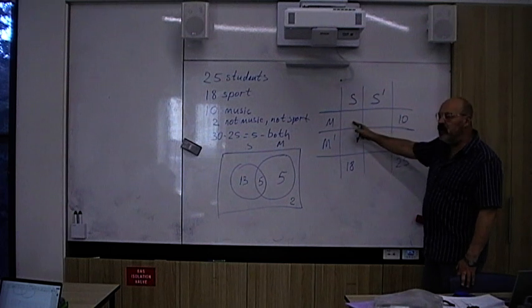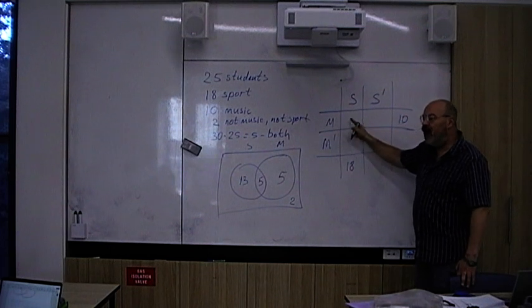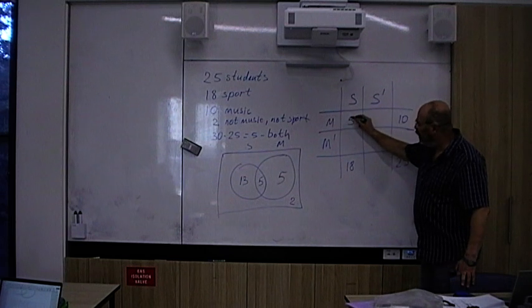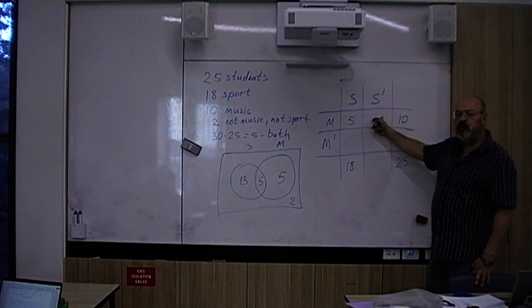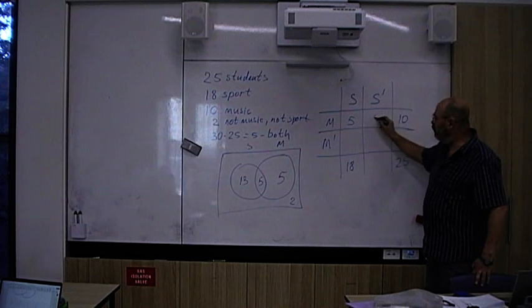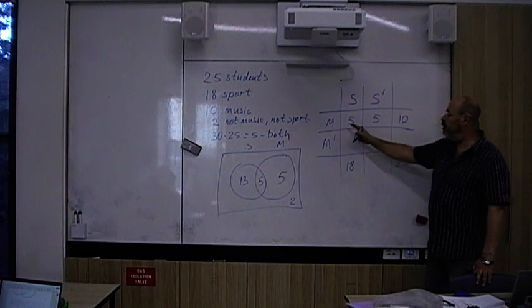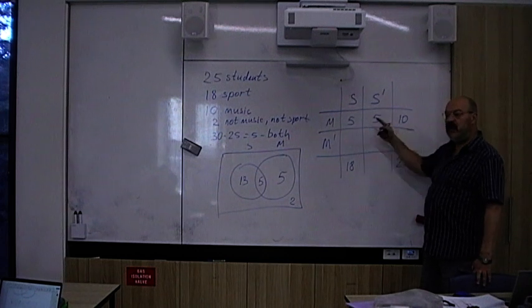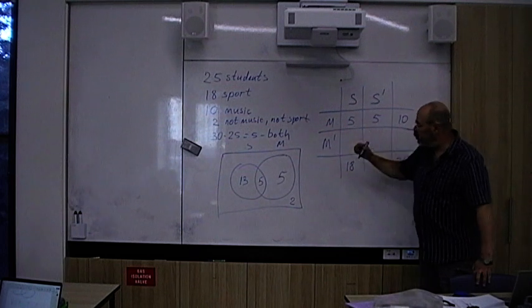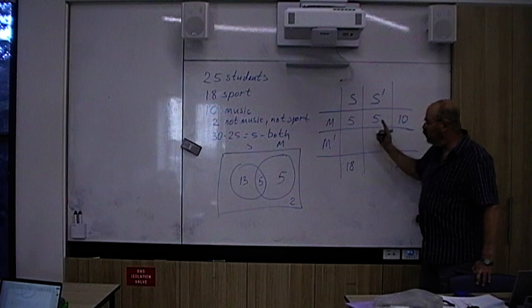Now, here will be music and sport. We have 5. This will be doing music only, music but not doing sport. We have 5. You see, these numbers add up to 10. We have altogether 10 students doing music, 5 doing also sport, 5 doing music only.